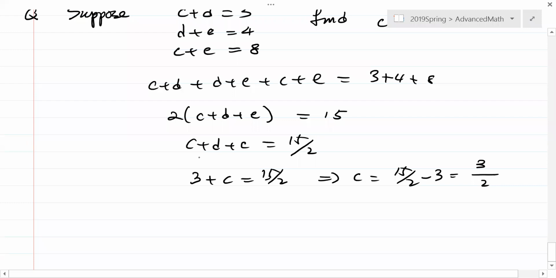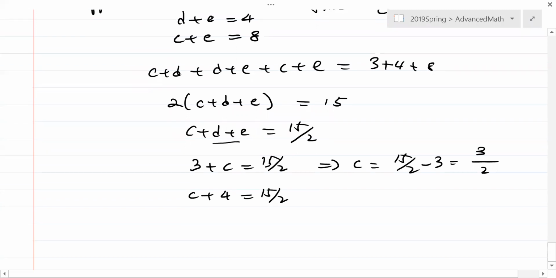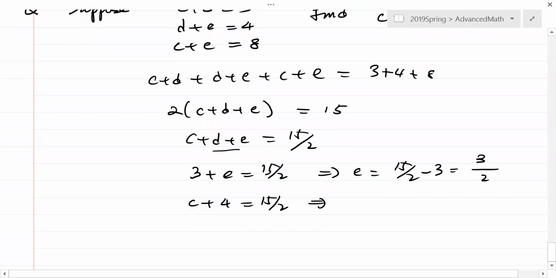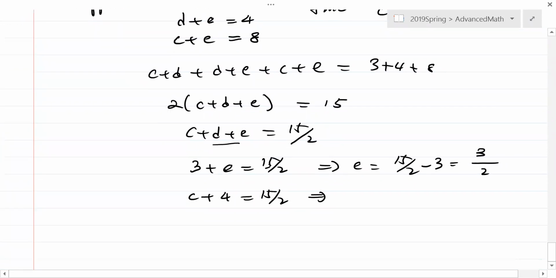Then you also use the same approach with D plus E. D plus E is 4, then you replace it. Wait a minute, I'm confused. Yeah, C plus D is 3, D plus E is 4.